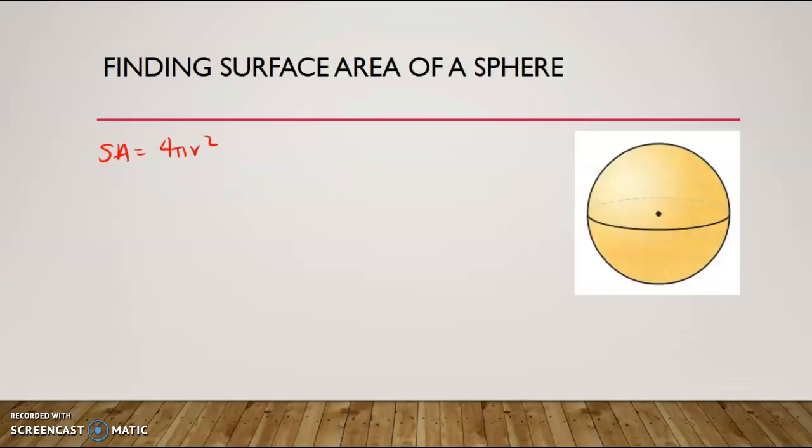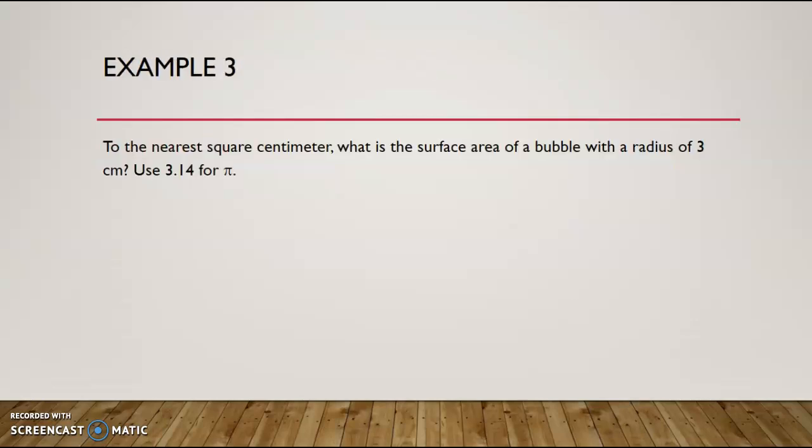So, knowing that, 4 pi r squared, I go into a problem which could have a picture. In this case, we don't have a picture. We're trying to figure out, to the nearest square centimeter, what is the surface area of a bubble with a radius of 3 centimeters? So just like before, I always write what I need. To find surface area, I just need the radius, and our radius is 3.